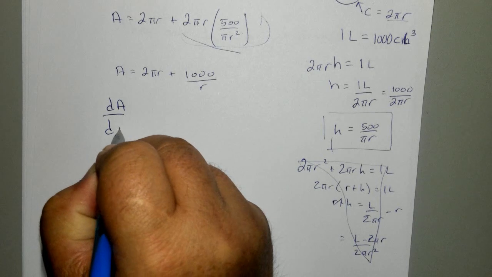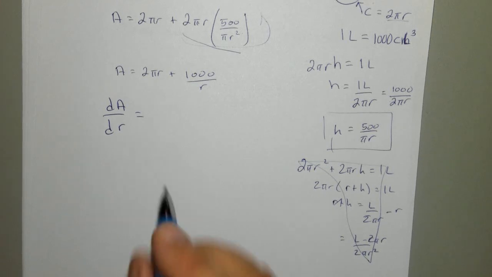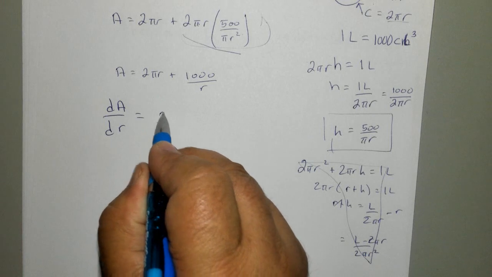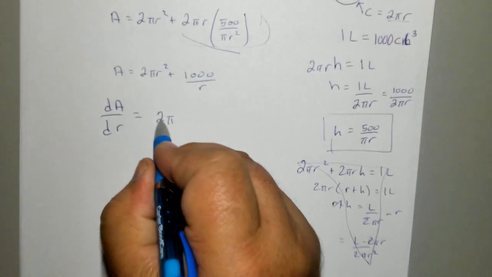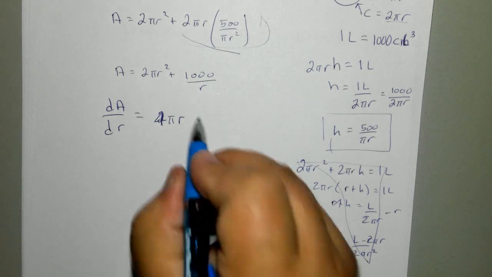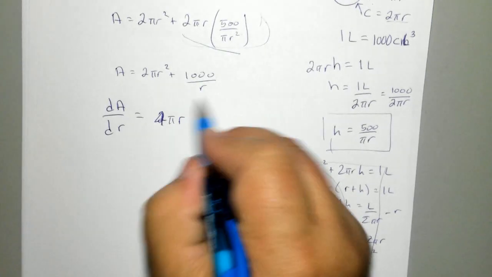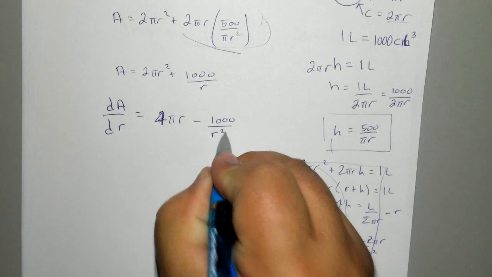Because we're looking for an optimization, we're taking a derivative with respect to the radius. That's the only variable that's left. Which equals 2 pi r squared, which makes it 4 pi r. The derivative of this one is going to be negative 100 over r squared.